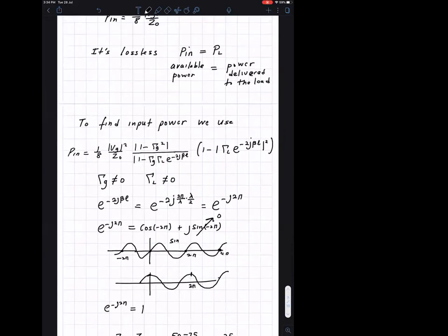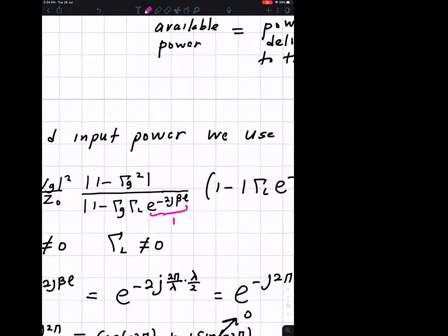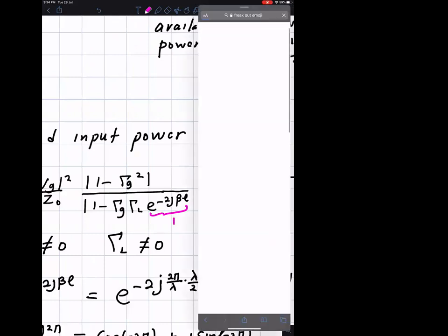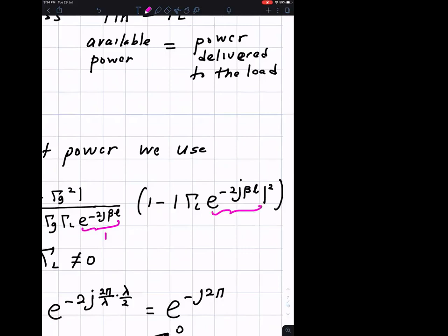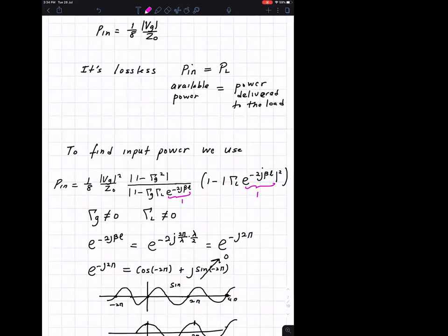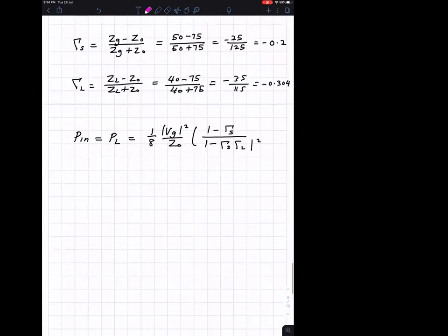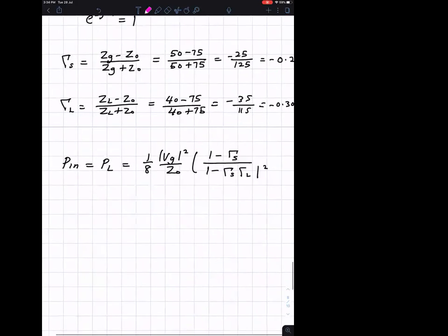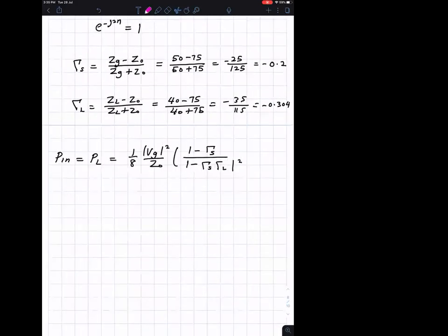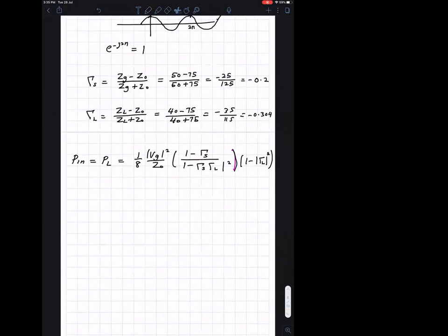We already know that this part is 1, right or not? We just saw this part is 1. And this part also is 1. Plug and chug.